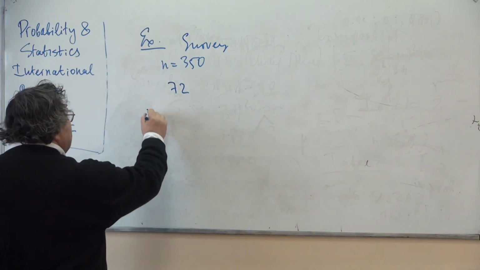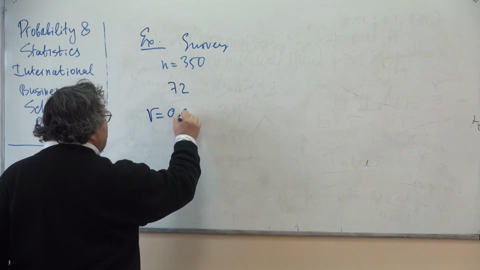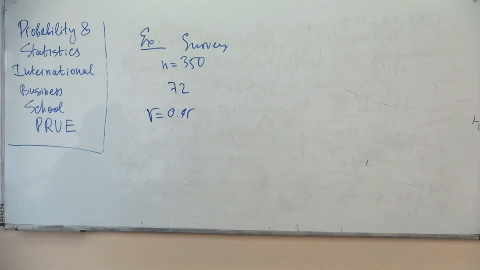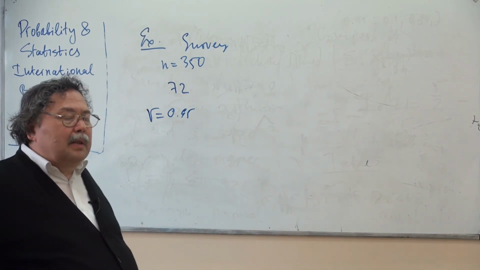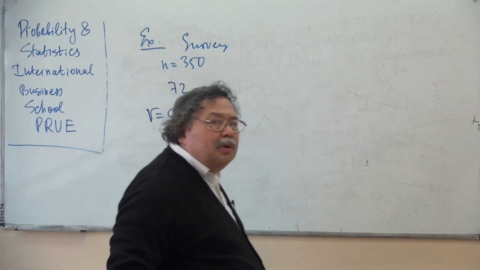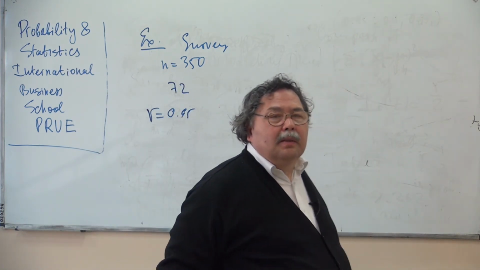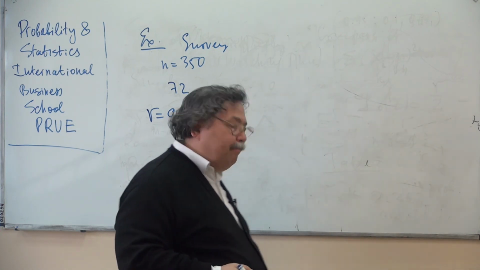Now let's assume this value for the confidence level, and what's the confidence interval for the population proportion of those who eat cereals regularly, basing on these data.